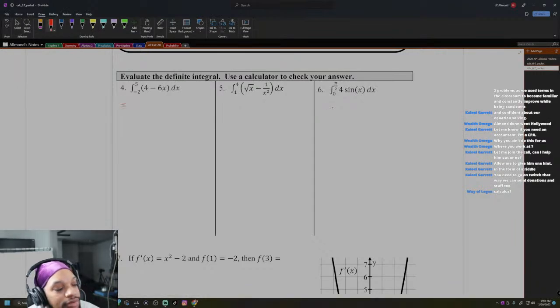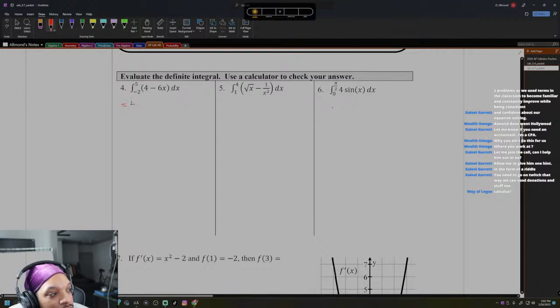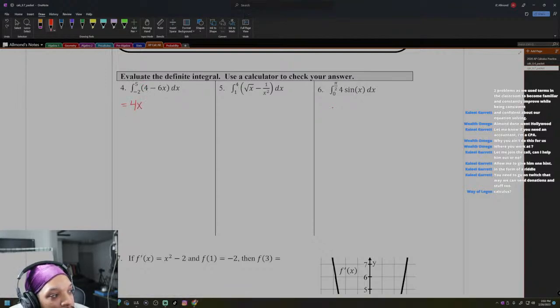Wait, so we gotta do all of this backward? Yep. What's something that when I take the derivative of it, I get 4? 4x. Minus, can we use that reverse power rule with the 6x? 3x squared. Yeah, it's minus 3x squared.